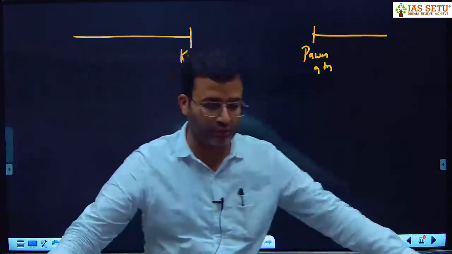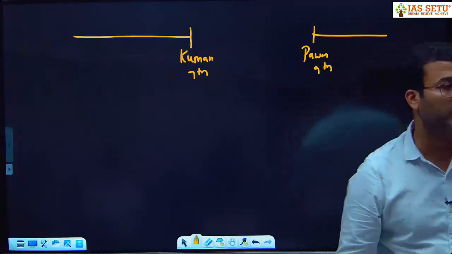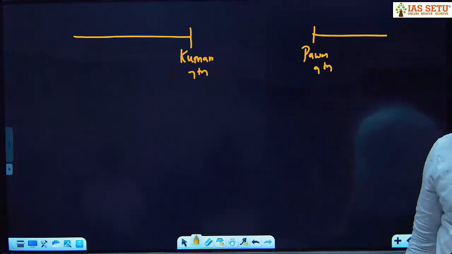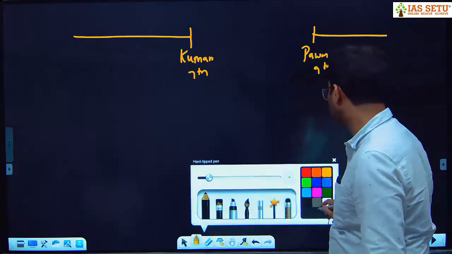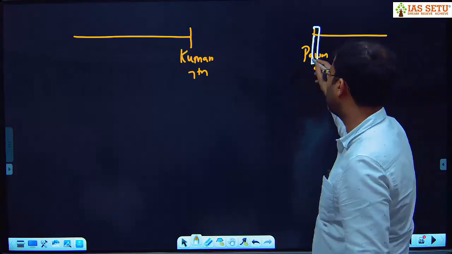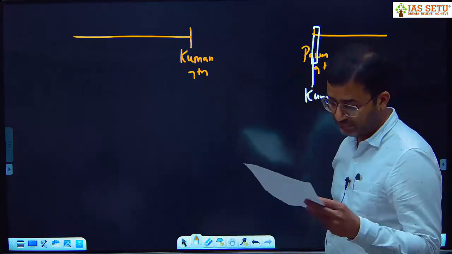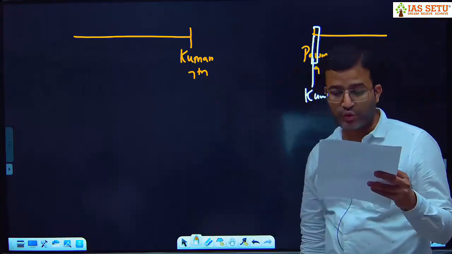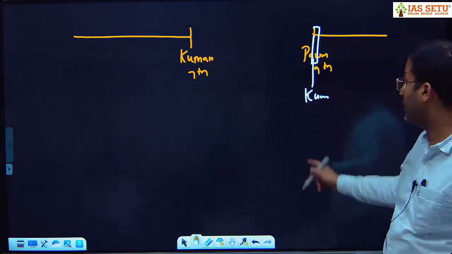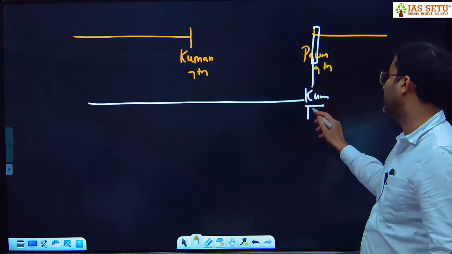Like, this is a row. He is Kumar, he is Pawan. He is 7th from the left, he is 9th from the right. If they interchange the position, Kumar will be at the chair where Pawan was sitting, and Pawan will sit here. When they interchange the position, Kumar becomes 11th from the left. So now Kumar's position becomes 11th from the left.